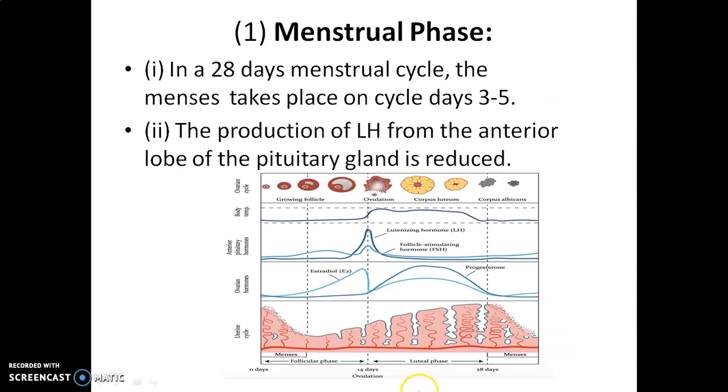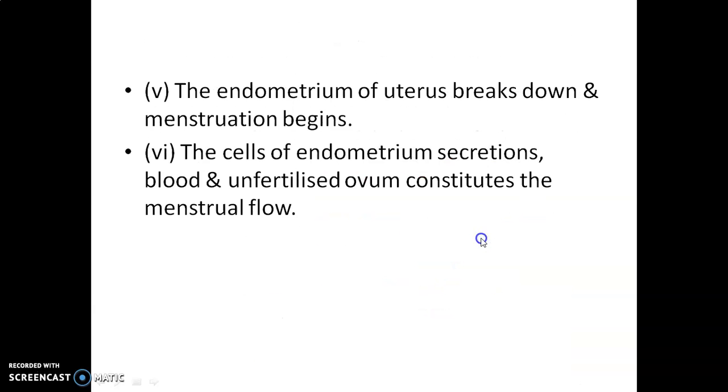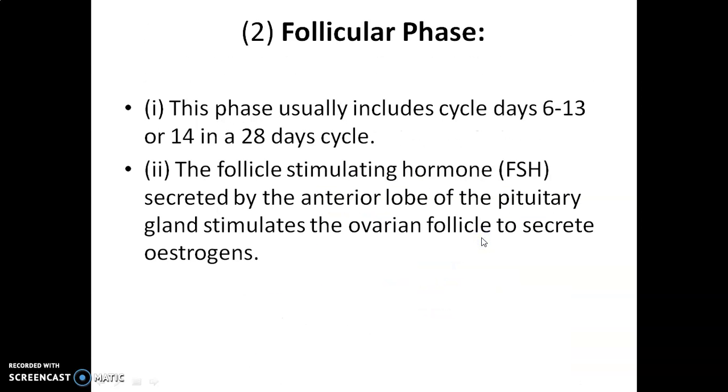That is the first phase. It is not denoted in our textbook, but here you can see menses, and here also you can see menses. So this is the menstrual phase. Clear?